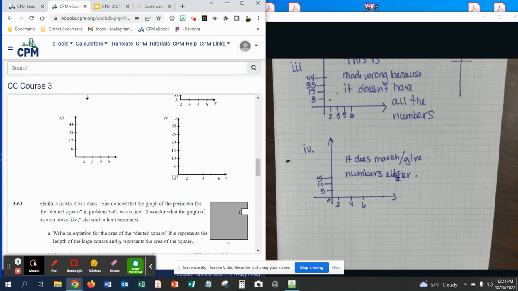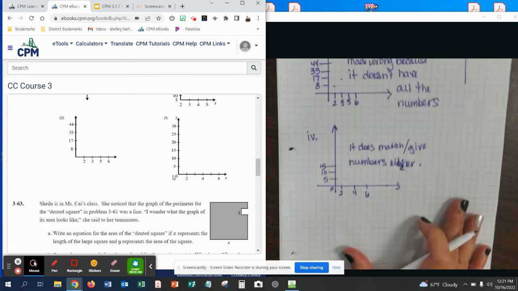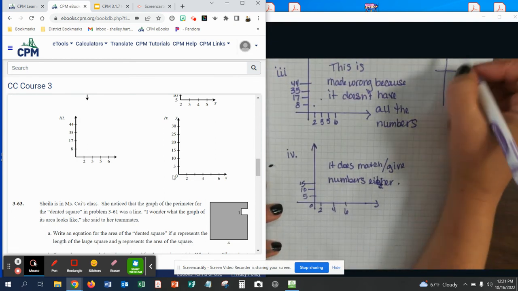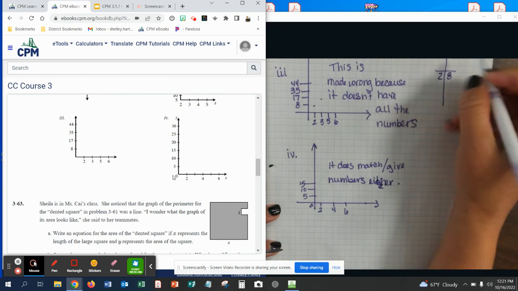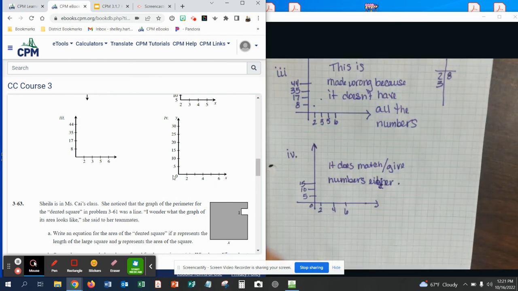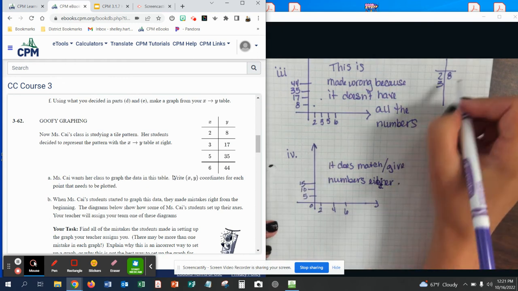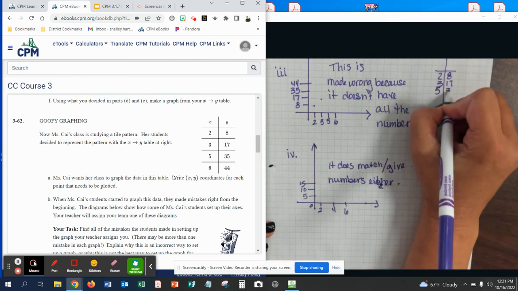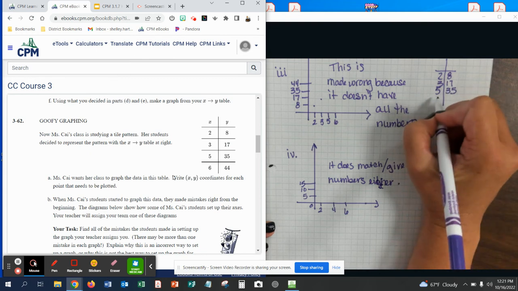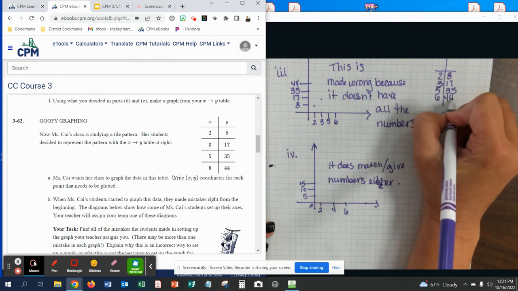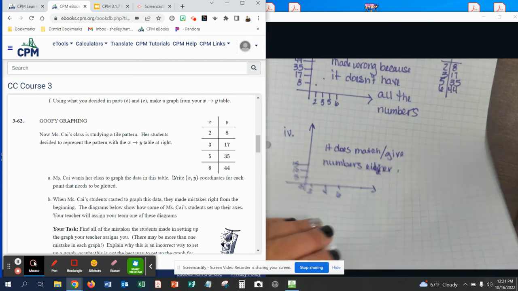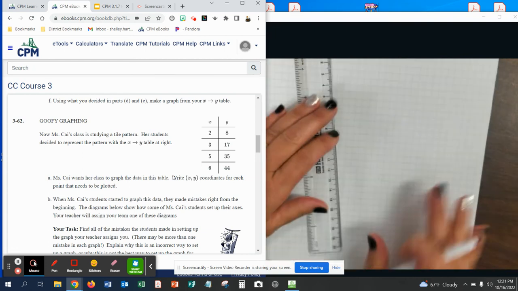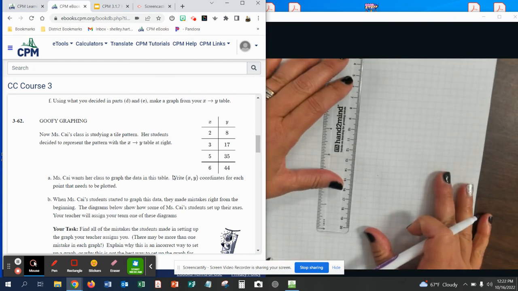How would we graph it? That's a great question. If we were going to do the 2 and the 8, the 3 and 17, the 5 and 35, and then the 6 and 44, we're going to need to rewrite it and make a bigger graph for sure.